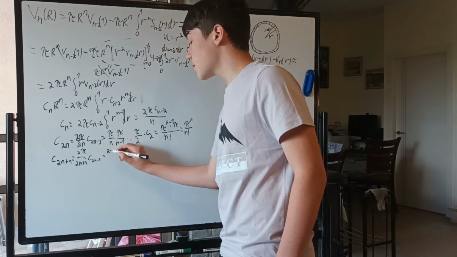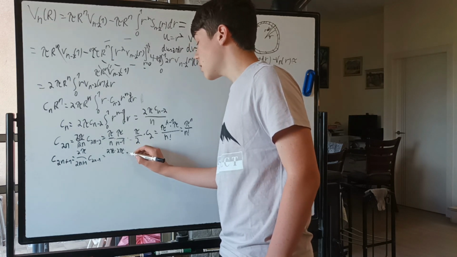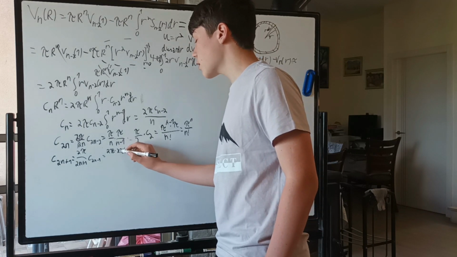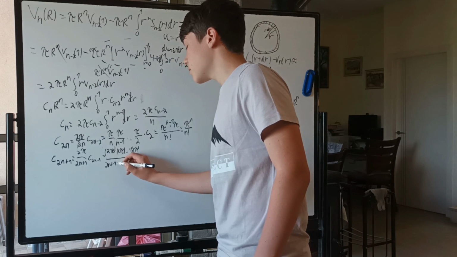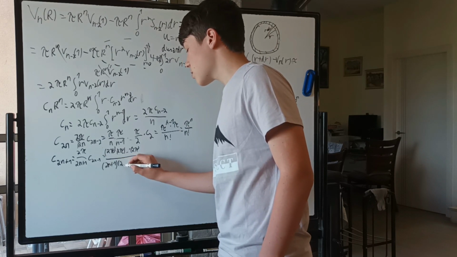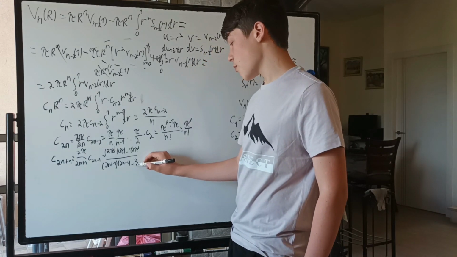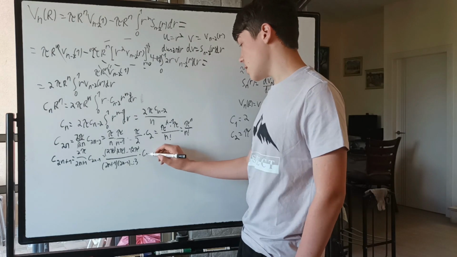And again, this is going to be 2 pi times 2 pi. Again, this time we will have n products divided. So then to n minus 1, and then up until 3. And then this is times c1.